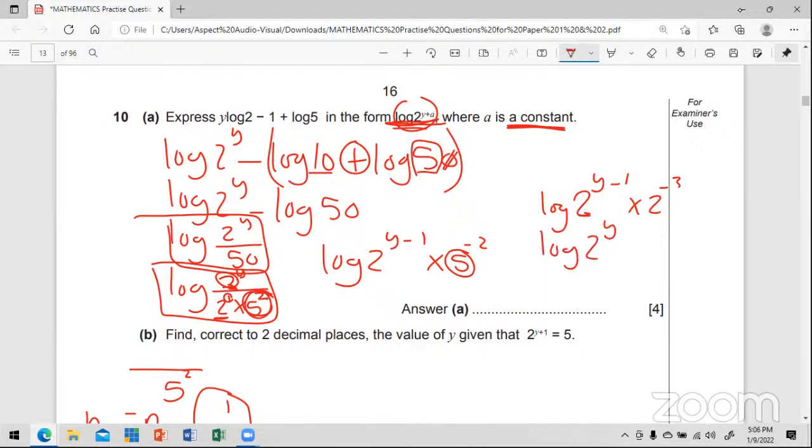When the bases are the same, you only add what? You only add the index, né? So -1 plus -3 is what? -4. Then it's already in this form where a is -4. Only that one. This 5 here is the one which is giving us problem. Okay. So we will come back again for that.